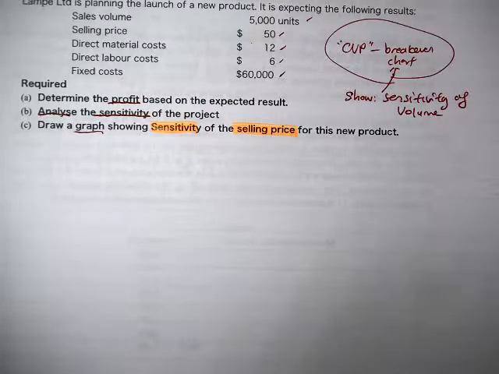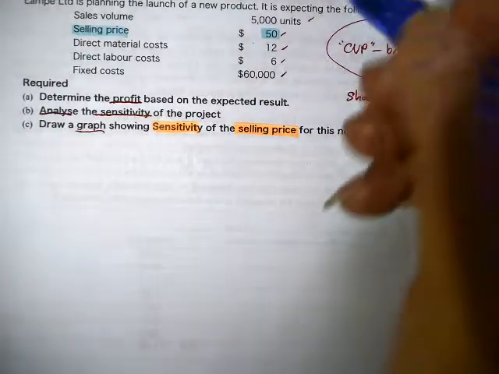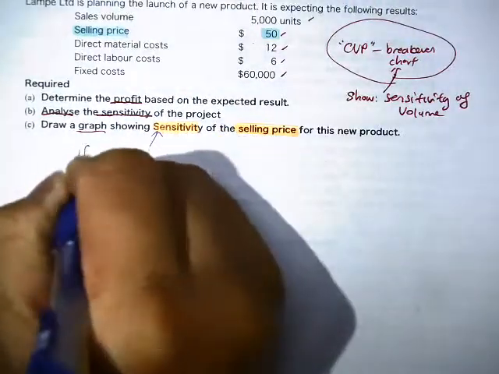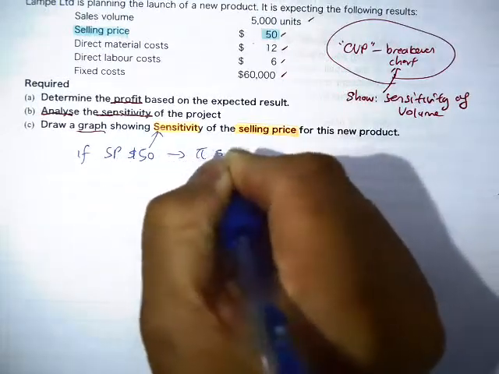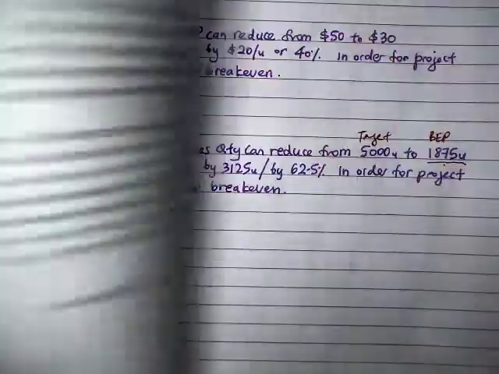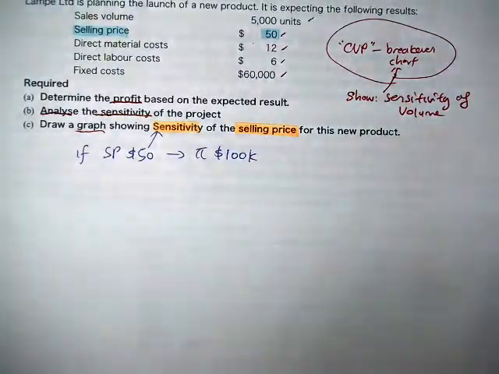If you sell at 50, just right here. If your selling price is at 50, your profit is, just now we calculated how much? 100.